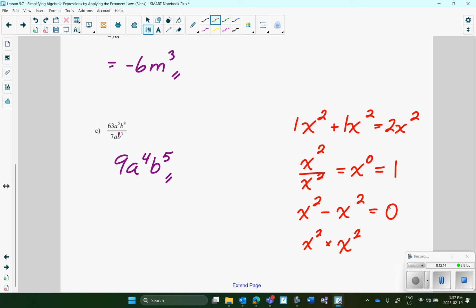And what's this one? Now everybody's a little hesitant. X to the 4. It's a multiplication, so we add the exponents. So you see, you got to know the difference between them. And like I said, it can get a little complicated sometimes.